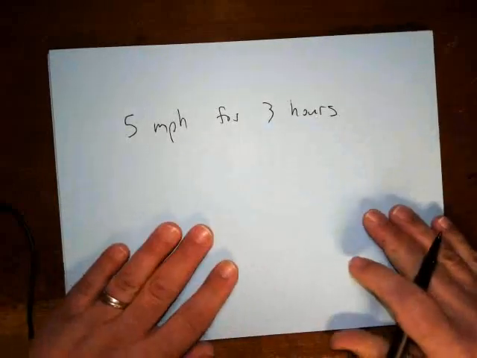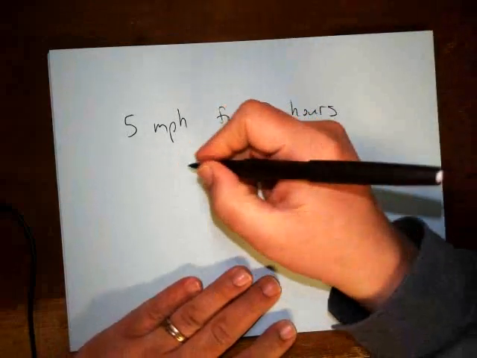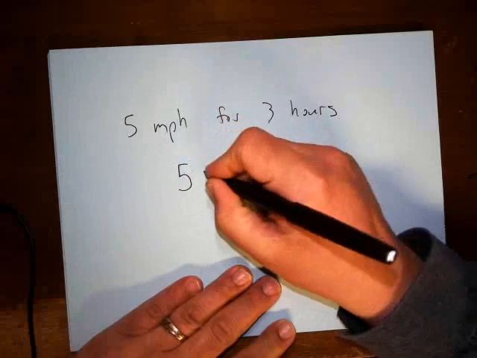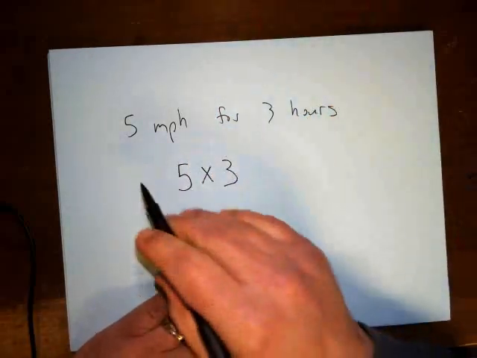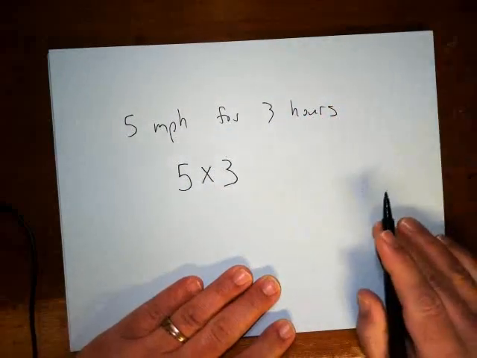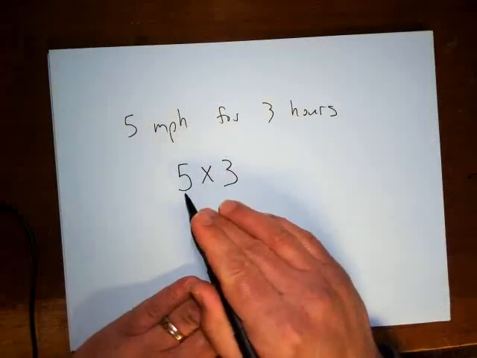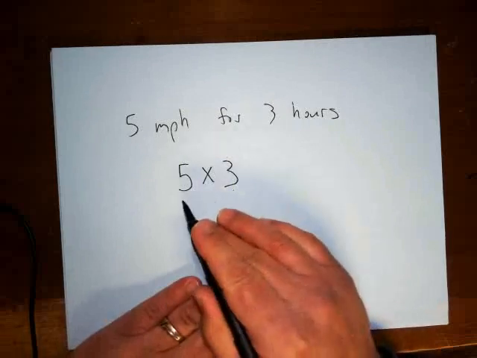And then when I'm done, I always want to calculate how far I've traveled. So I take the 5 miles an hour times 3 hours. I'm using the formula where you take the rate times the time to get the total distance. And this makes sense because I'm going 5 miles per hour for 3 hours, so for each one of those hours, I'm going 5 miles, right?